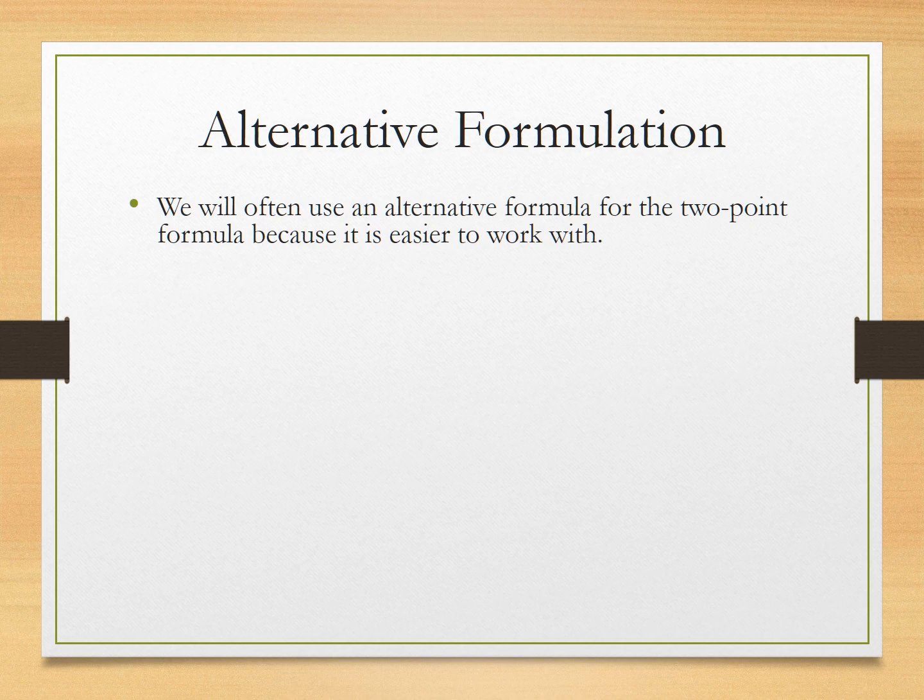And you often see an alternative formulation, which represents the exact same thing, but it's sometimes easier to work with. So let h equal x minus a. And that means that x would equal a plus h.